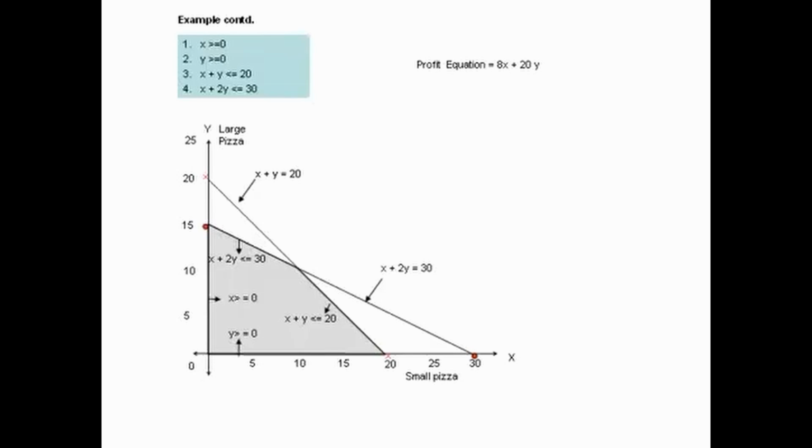What we need to recognize now is that the maximum profit is normally found at one of the vertices of this particular quadrilateral.